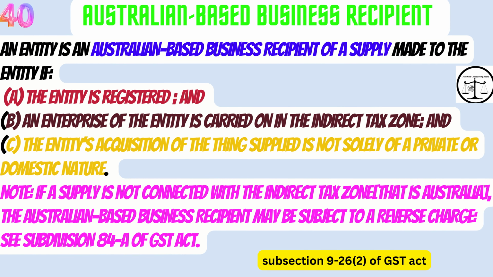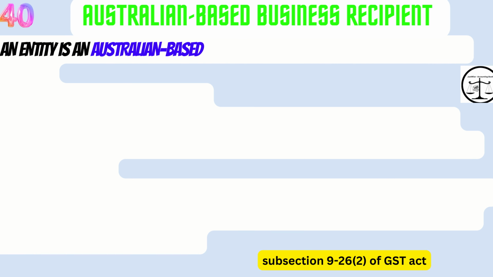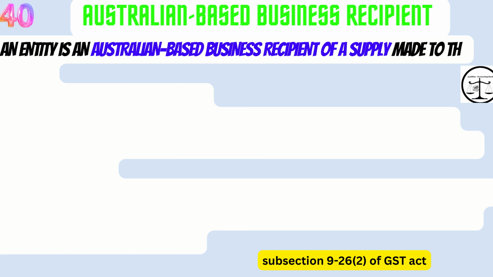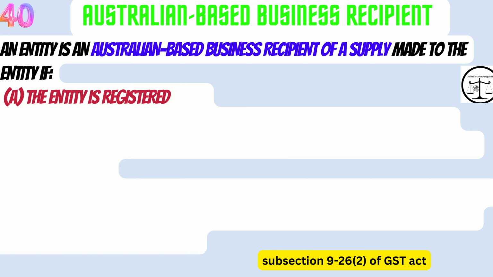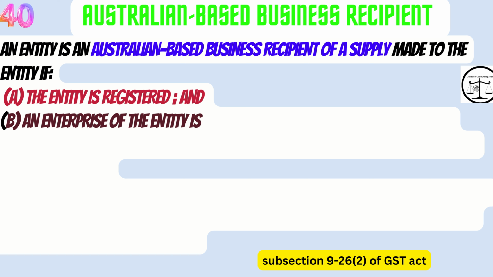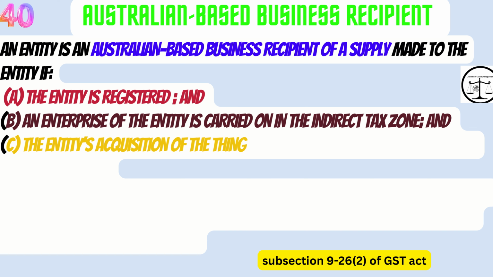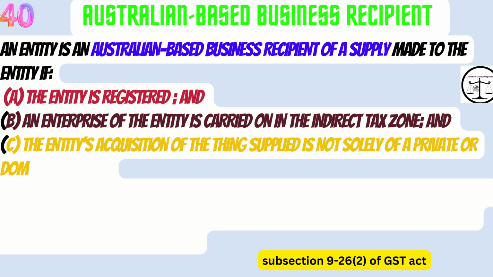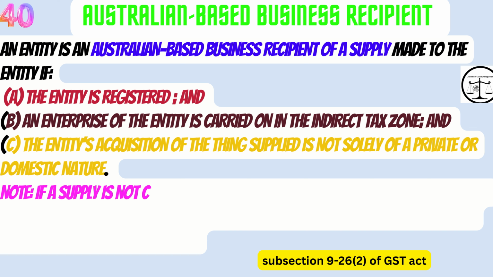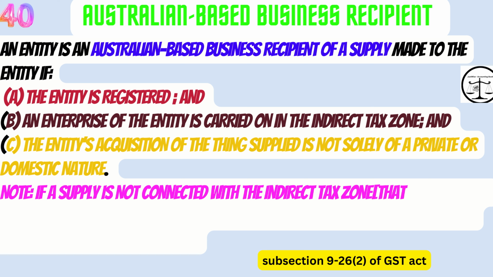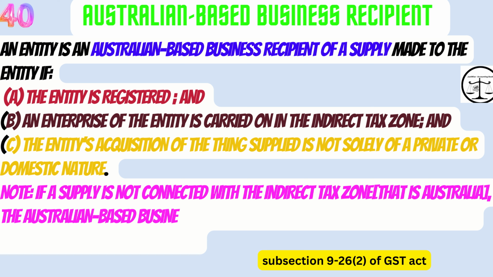Word number 40. Australian-based business recipient has the meaning given by subsection 9-26(2) of the GST Act. An entity is an Australian-based business recipient of a supply made to the entity if a. the entity is registered, and b. an enterprise of the entity is carried on in the indirect tax zone, and c. the entity's acquisition of the things supplied is not solely of a private or domestic nature.